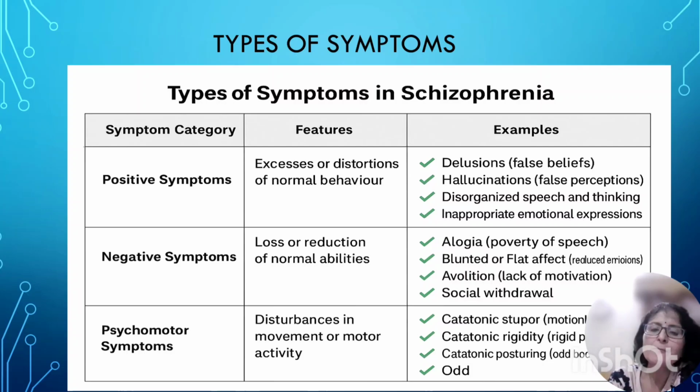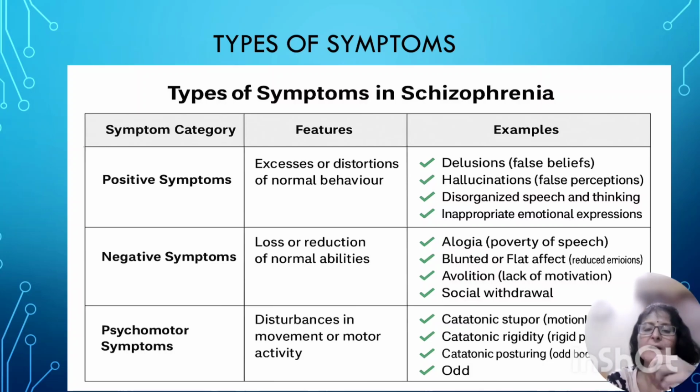Going further with the positive symptoms, you have disorganized speech and thinking. Right now we are sticking to the topic, we are discussing schizophrenia, but the patient suffering from schizophrenia shifts from one topic to another. His thoughts are not logical, they jump from one topic to the other.